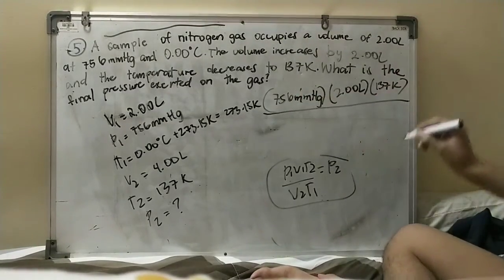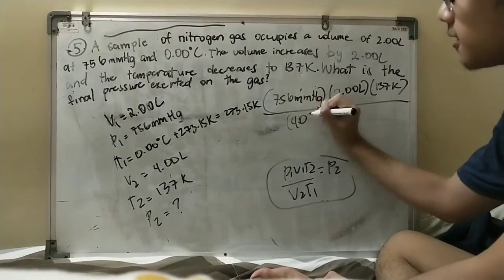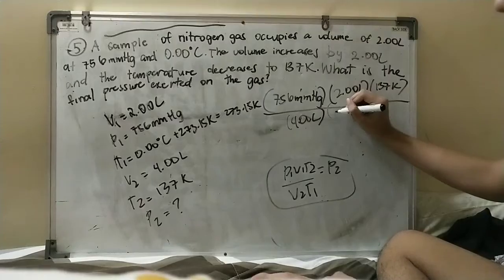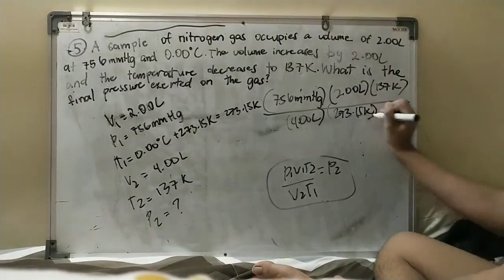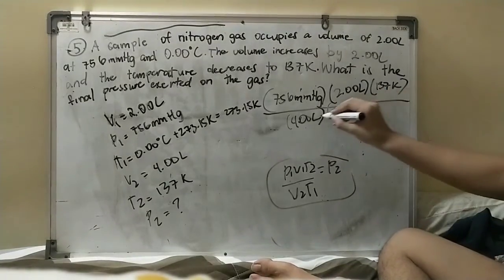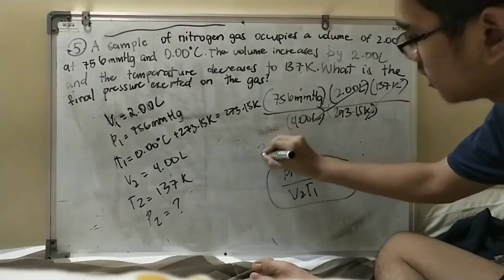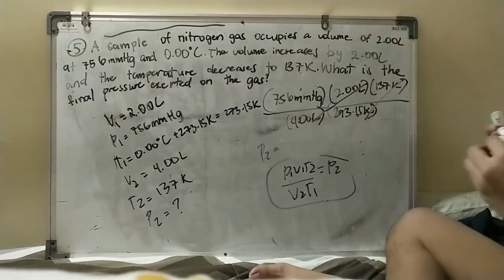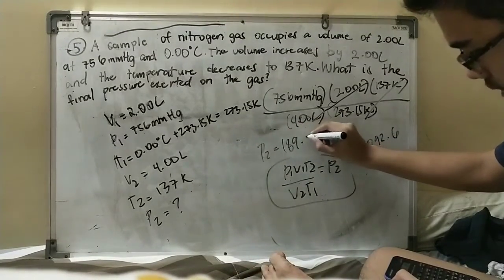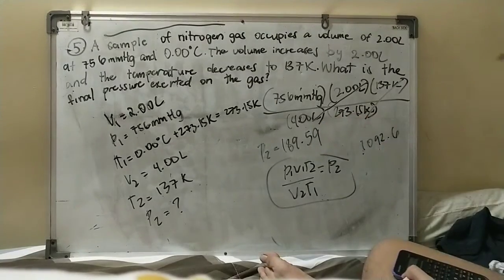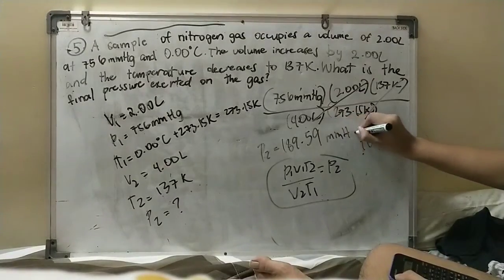Then we divide it to our denominator, which is V2, 4.00 liters, and our T1, which is 273.15 Kelvin. Then what we do is we cancel out the values, the standard units, and then come to our final answer. Our final pressure is 189.59 because it is rounded off to 2 decimal places. mmHg.